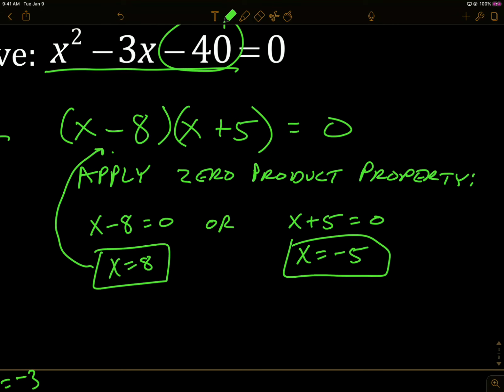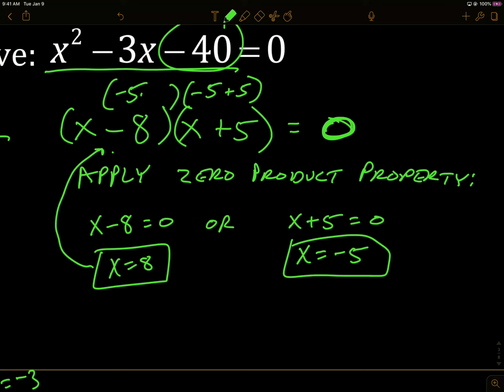So let's take a second here and just make sure, so you can see how this works. If I plug an 8 in up here, right, for x, I get 8 minus 8 times 8 plus 5. So 8 minus 8 is 0. I don't even care what this comes out to be, the 8 plus 5, because 0 times whatever is going to equal 0, which is what we want. That's why it's a solution. Another solution is negative 5. If I plug in a negative 5 in this factor, I get that.